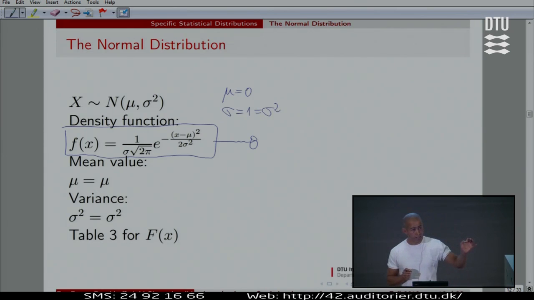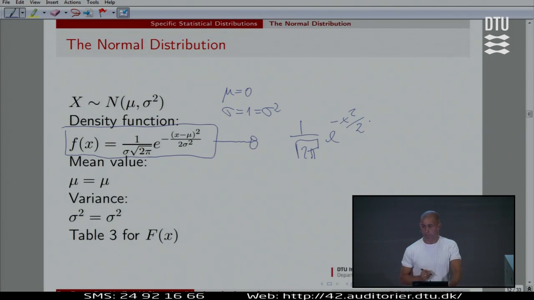Sigma is the standard deviation. Sigma squared is the variance. I made this particular choice, and then I came up with a simplified version of the normal density function, which is this one. So here we can see the structure of the function.